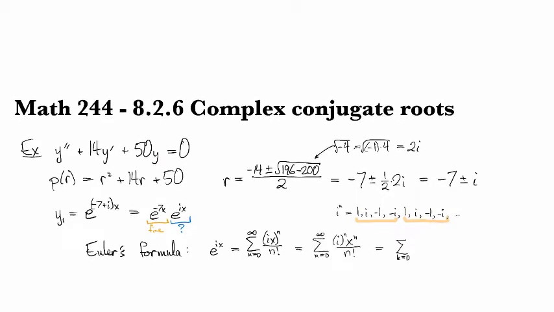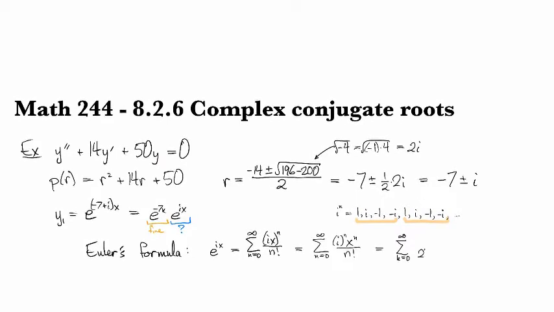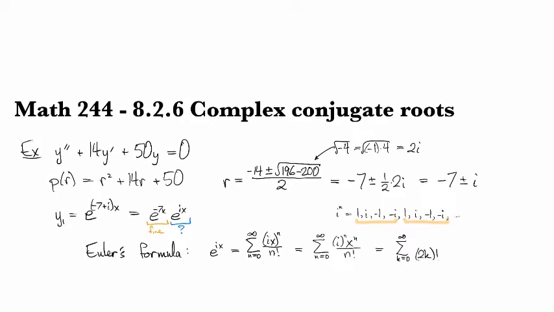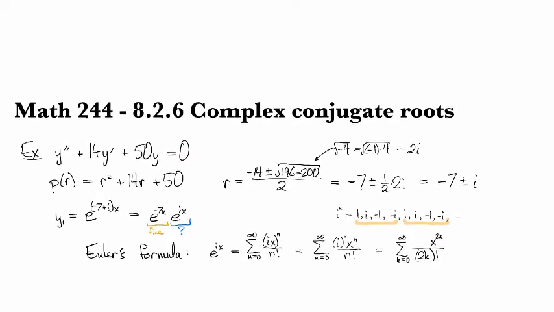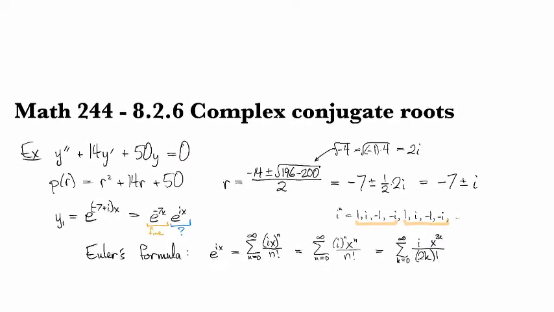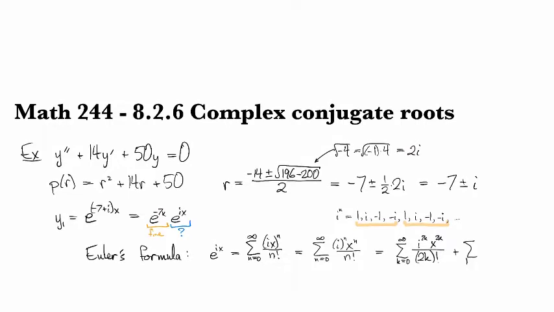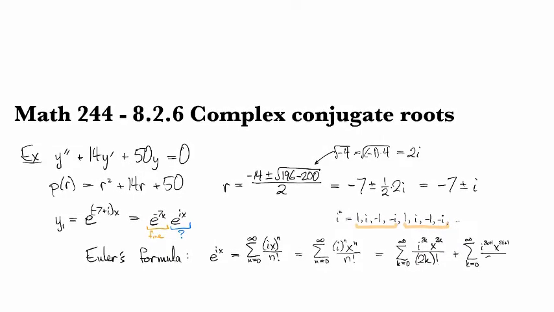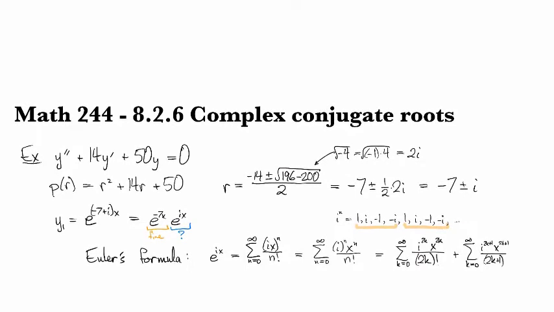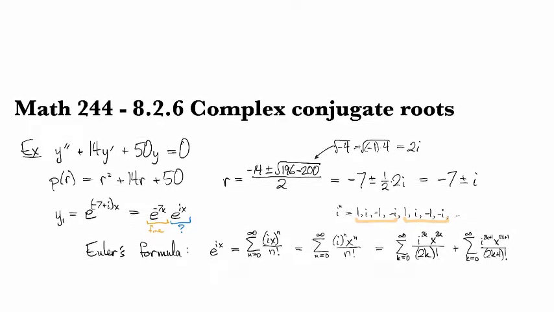So we'll have the evens be here, where we have x to the 2k and i to the 2k, and then we'll have the odd terms from the series. All right, now we're getting somewhere.